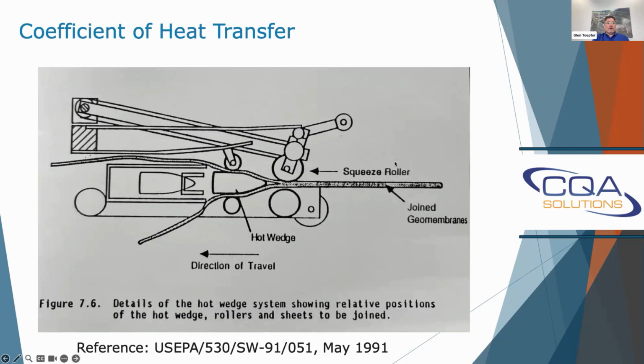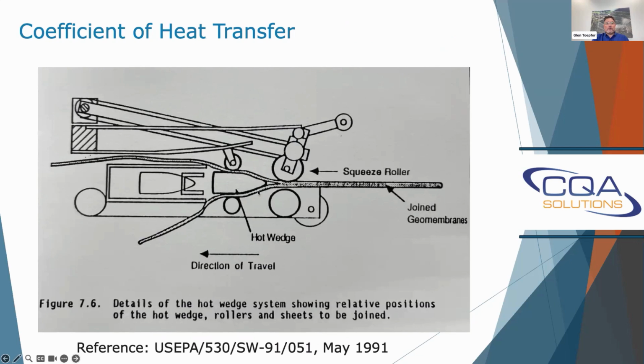I have a schematic here that we took out of the US EPA document listed below that really shows you the hot wedge. Direction of travel is from right to left. Your geomembrane is being fed in, and it's in contact with the wedge. Then you have your rollers squeezing it together into a formed sheet behind.